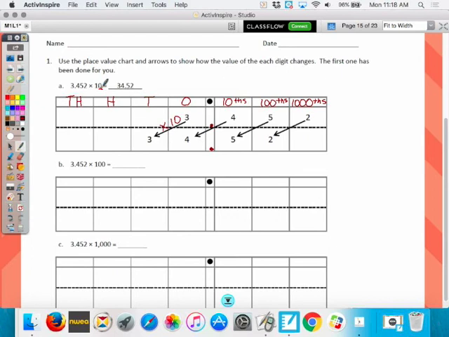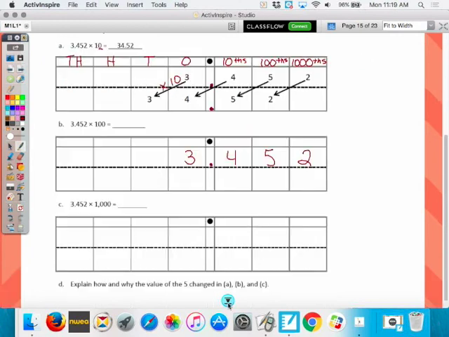Okay, look at my pen. I'm just going to say 3, 4, 5, 2, 0, 0. Very good. Okay, the number that we're putting on the place value chart is 3.452.